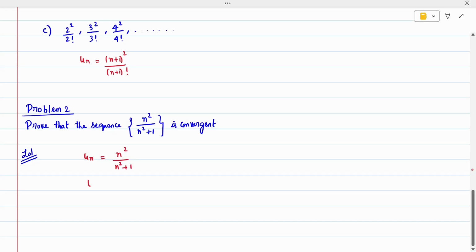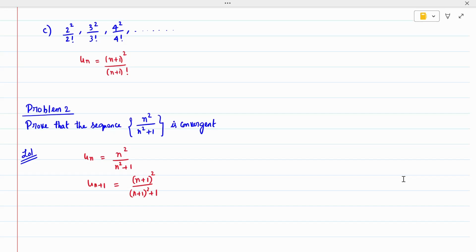So now un plus 1 term I will write it. When I write un plus 1, n instead of n plus 1, so it is nothing but n plus 1 the whole square divided by n plus 1 the whole square plus 1.